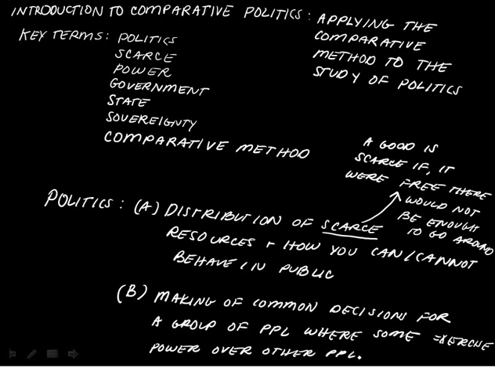So the making of common decisions for a group of people where some people exercise power over others. That says exercise. Apologies that it's slightly messy. It's hard writing on this tablet.